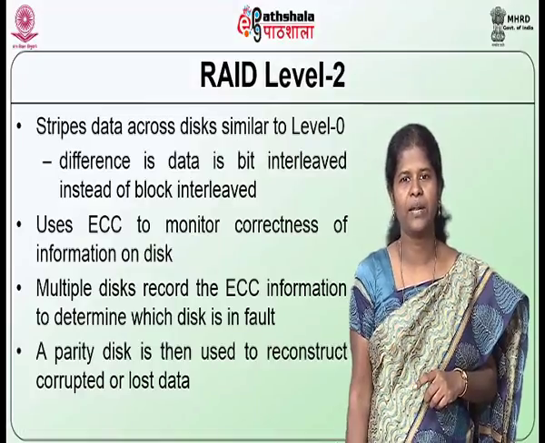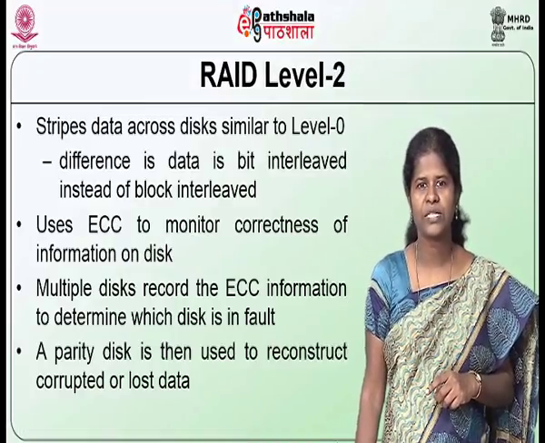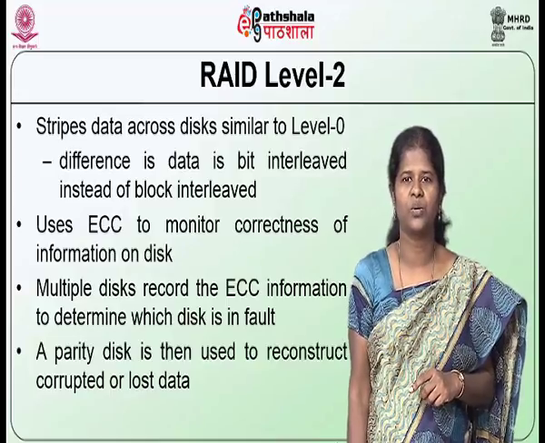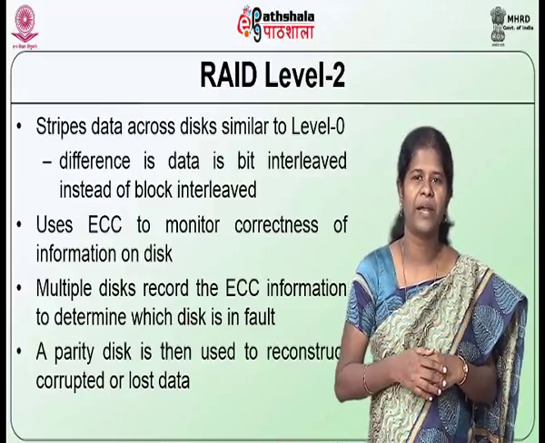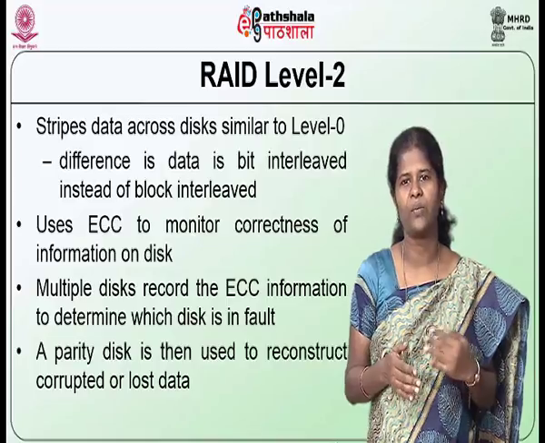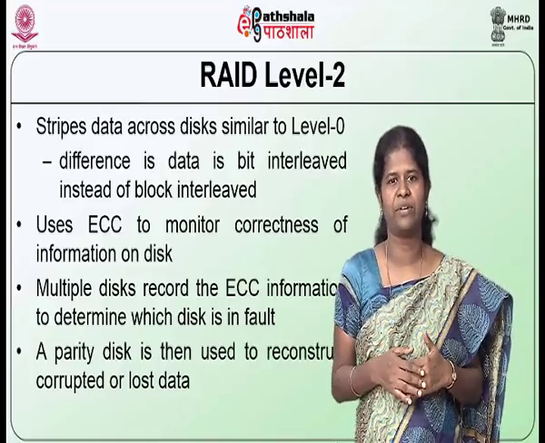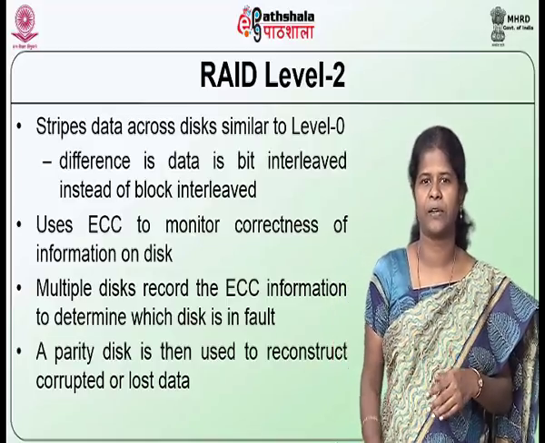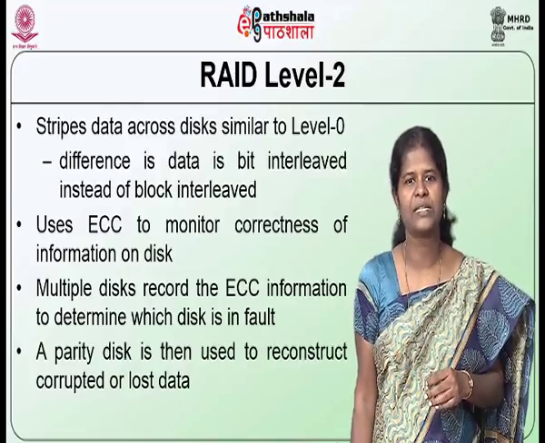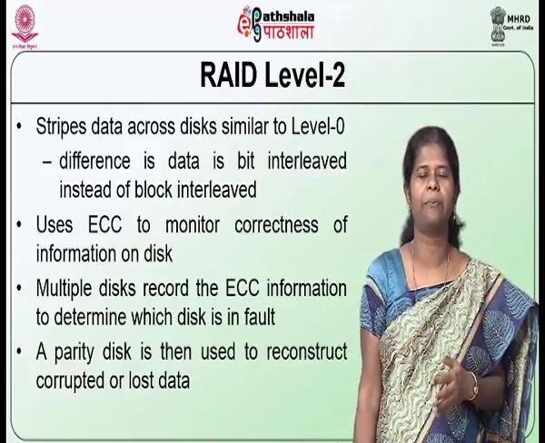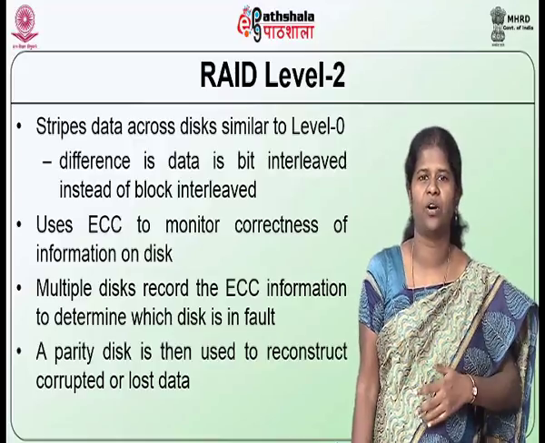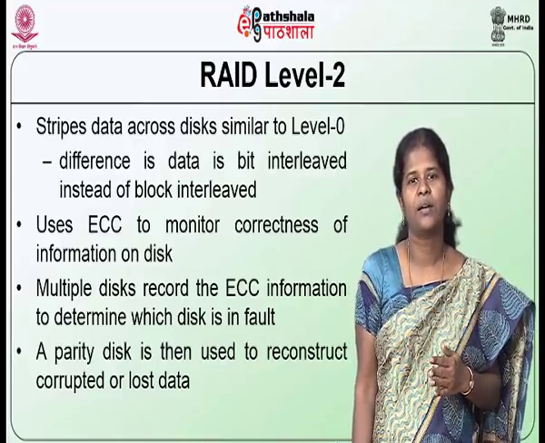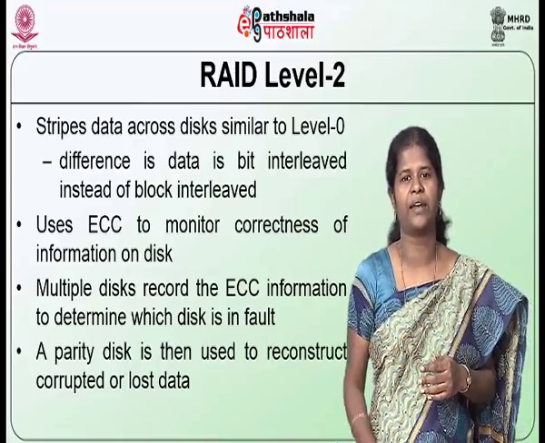Now, the next level, RAID level 2, will stripe the data similar to level 0, but instead of block level interleaving, bit level interleaving is done. So bit striping is done here. And another thing is added to improve the reliability of the data: you include an error correcting code.